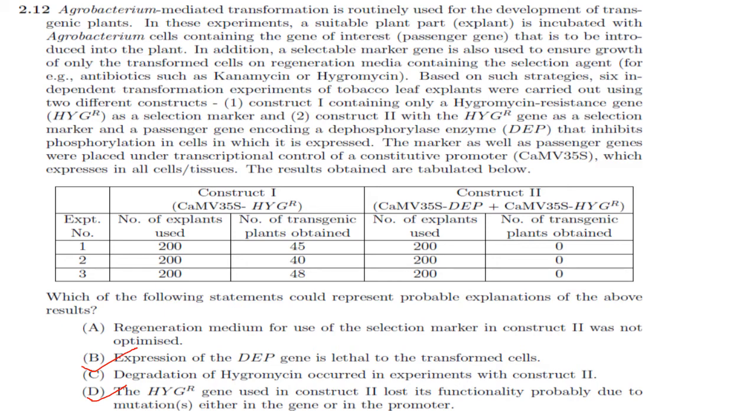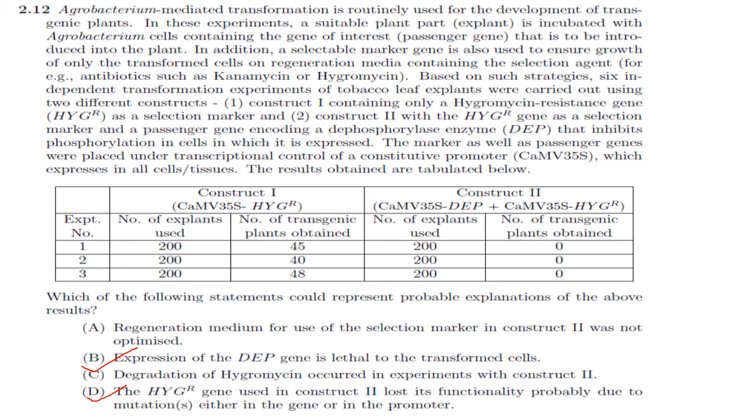So for agrobacterium mediated transformation, what you do is you will take the explant, incubate it with agrobacterium cells containing the Ti plasmid carrying the gene of interest to be introduced into the plant. You will incubate it for a particular time period, then you will take it, wash it, then you will place it in the regeneration medium or the selection medium.